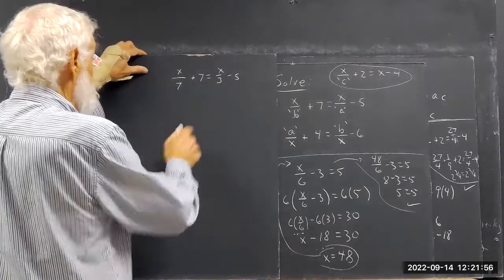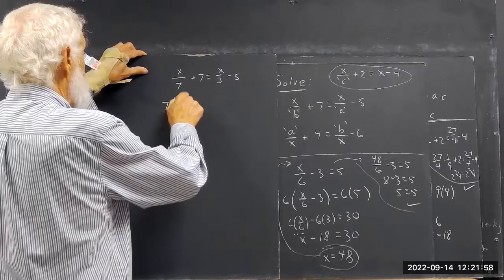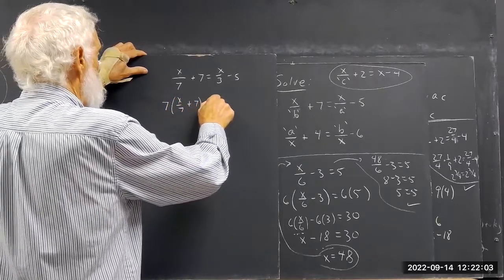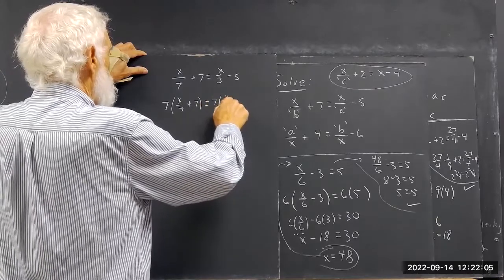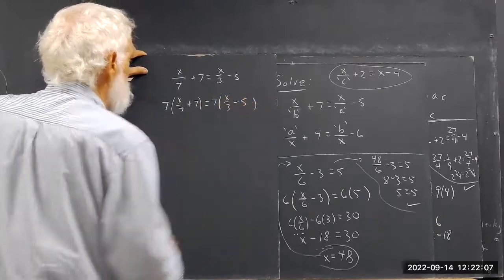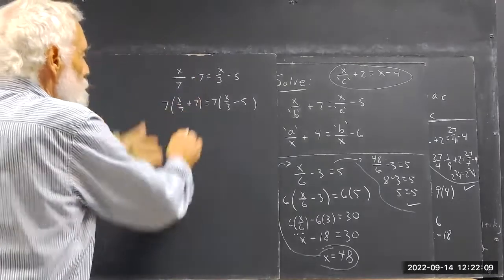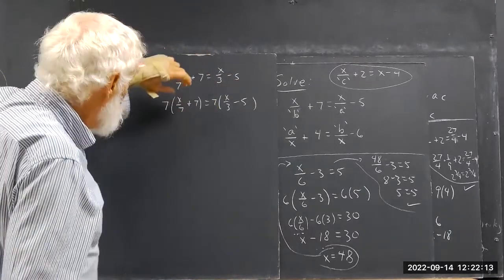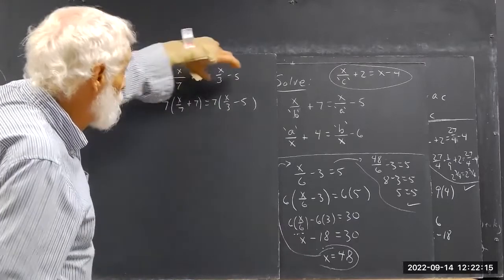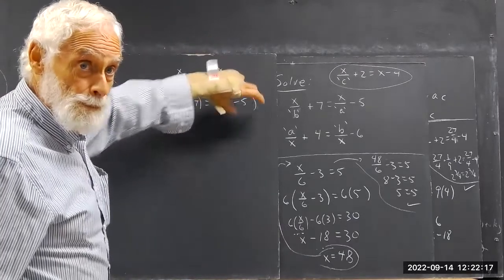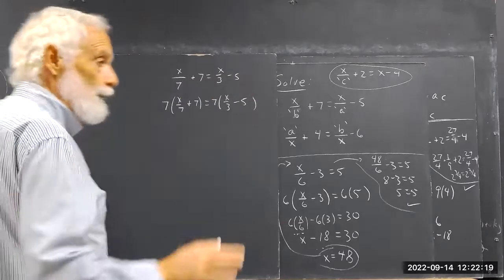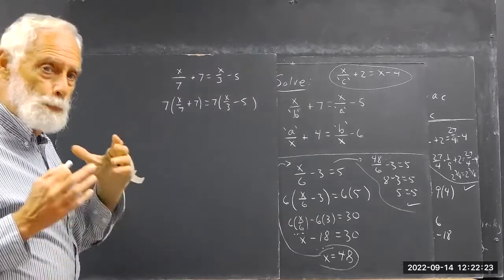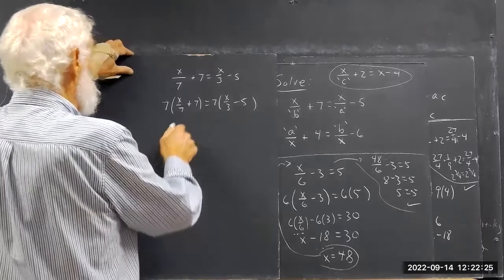Well, we got 7 there, so let's multiply by 7. Now we've got to multiply both sides by 7, meaning we write 7, we put parentheses down, we write 7, we put parentheses down. Then in the parentheses, we put this side here and this side here. That's the rule. And if you do anything else, you're probably not following the rule.